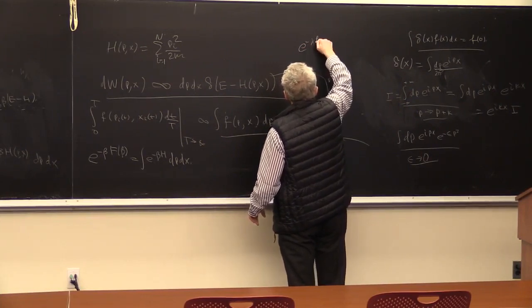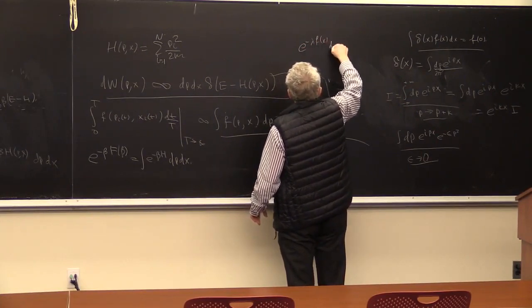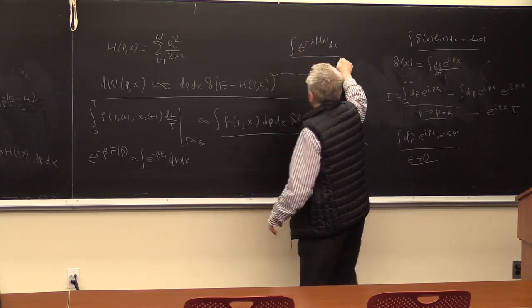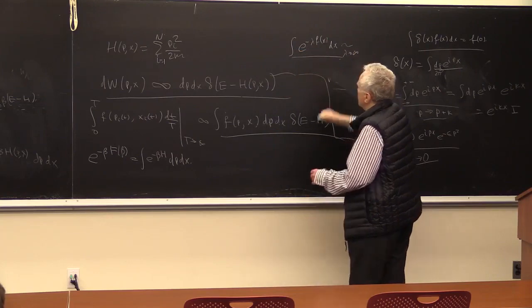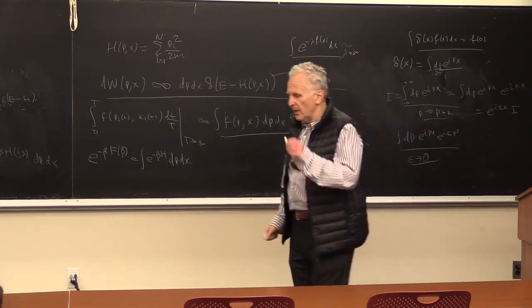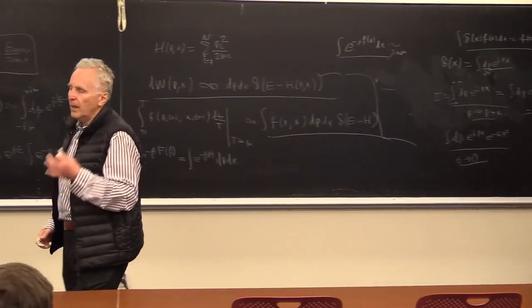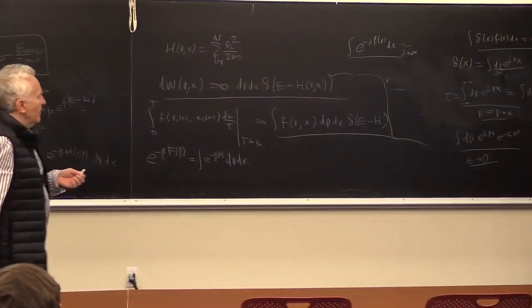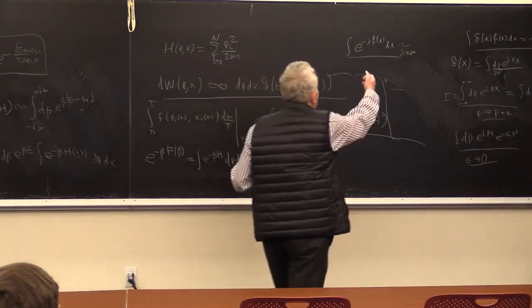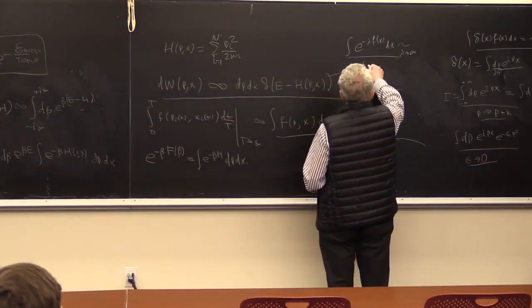Suppose you have an integral of this form, and you are interested in the asymptotic limit when lambda goes to infinity. How do you evaluate this integral? I can be even more concrete here.